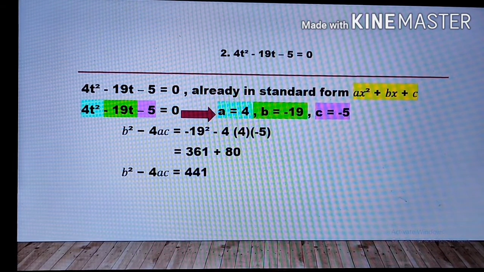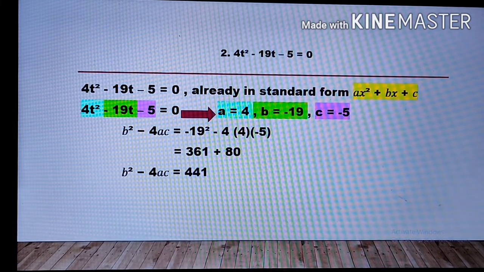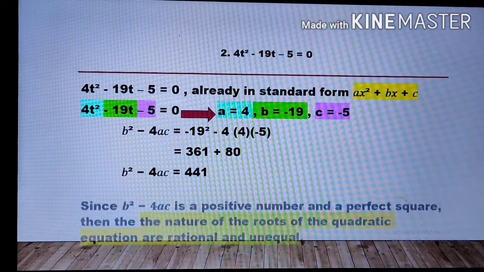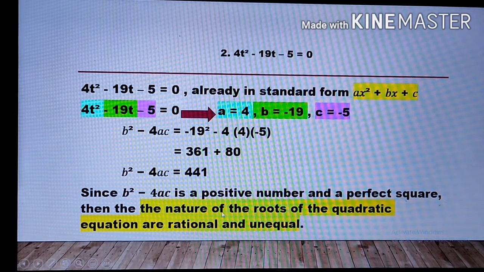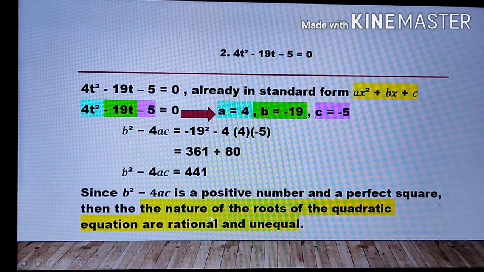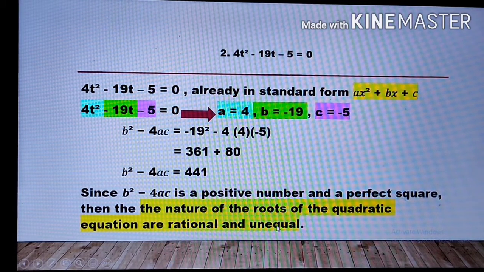So, ibig sabihin, perfect square siya kasi whole number yung lalabas. So, since b squared minus 4ac is a positive number and a perfect square, then the nature of the roots of the quadratic equation are rational and unequal.